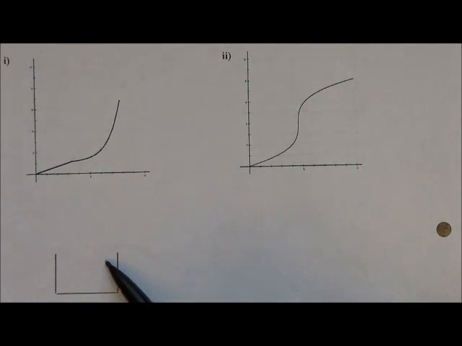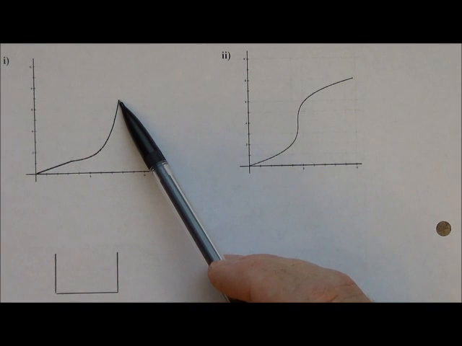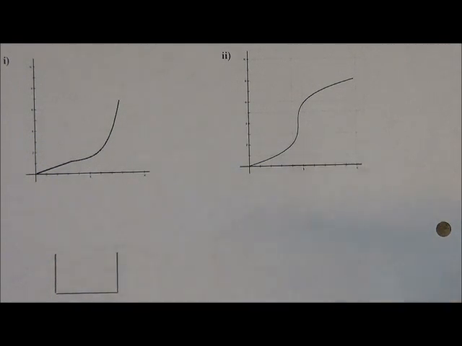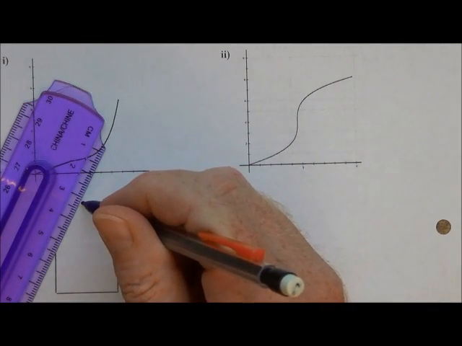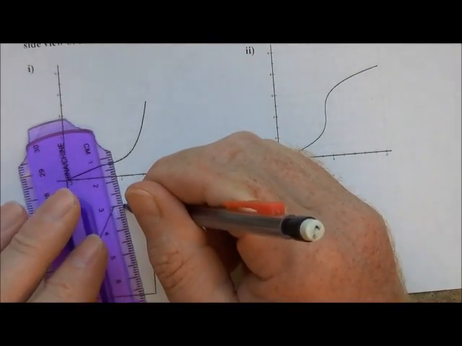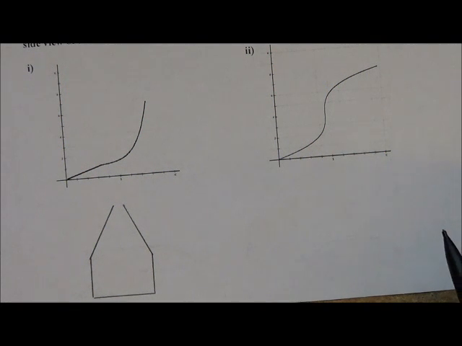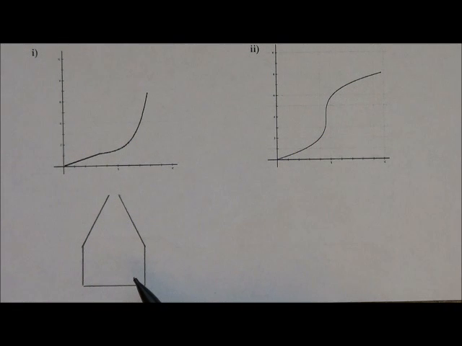So there's going to be constant fill, and then we see that curve, which would indicate that probably the top is getting narrower. It doesn't necessarily have to be a curve. I would say it just narrows as you get higher up along the vase. So it looks something like that. Compare that to yours.